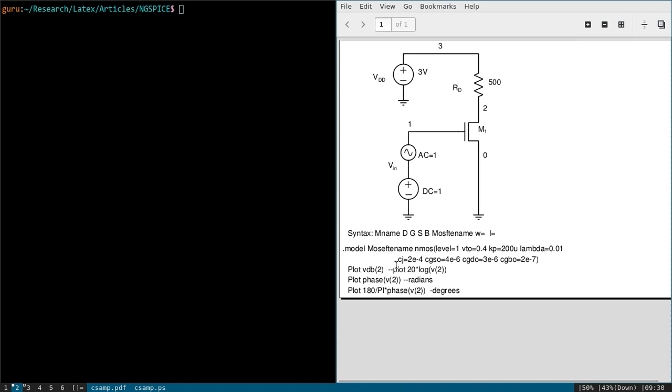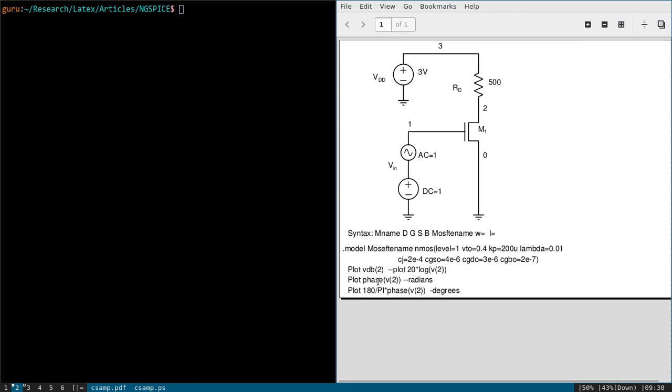And since we are going to plot the frequency response, we should know how to plot on a dB scale. If you want to plot the output at node 2, you can simply write plot vdb(2). That is equivalent to 20 times log of the voltage at node 2.